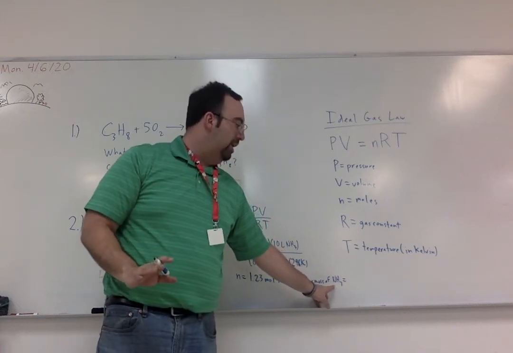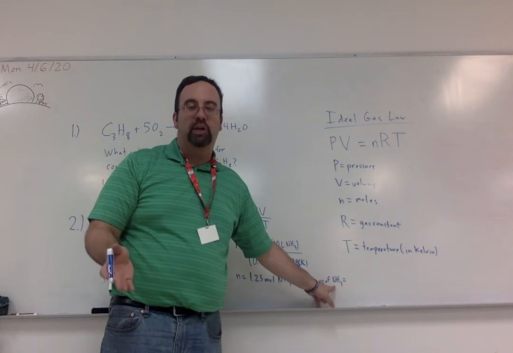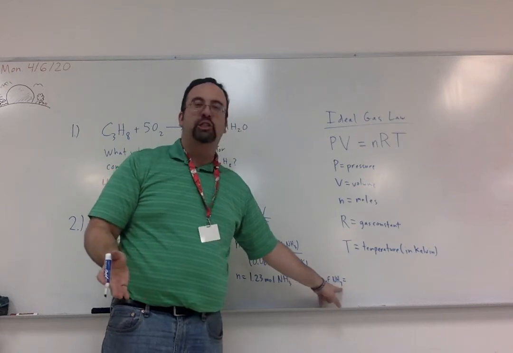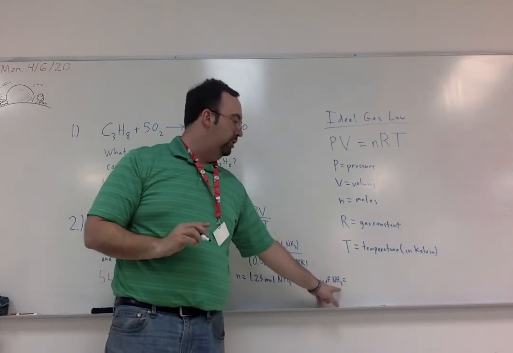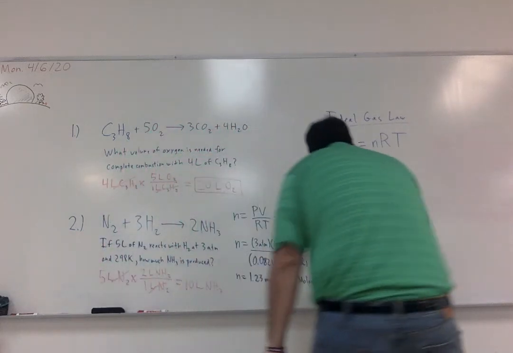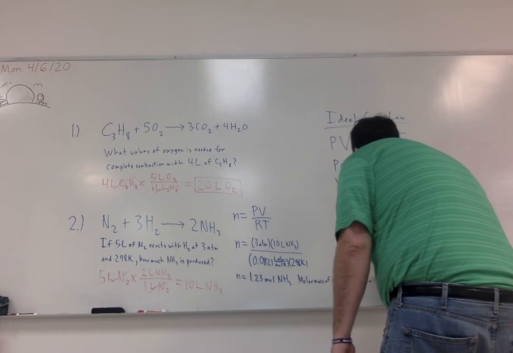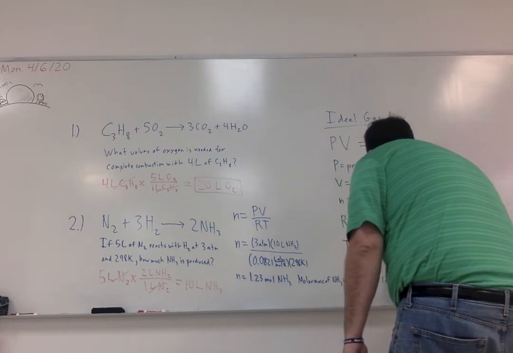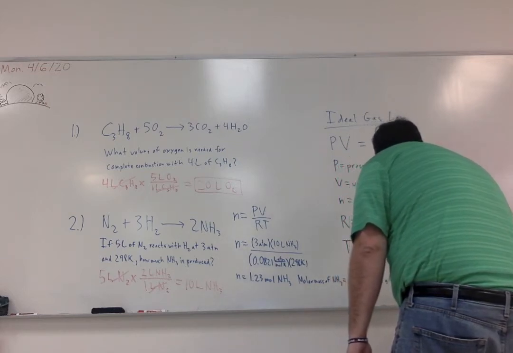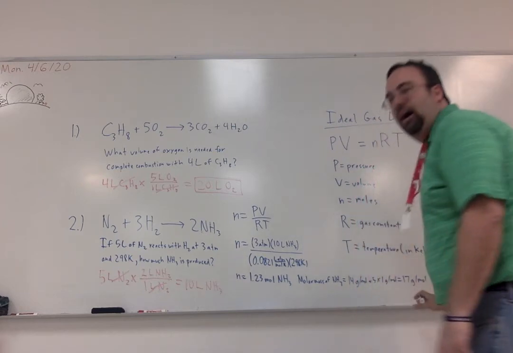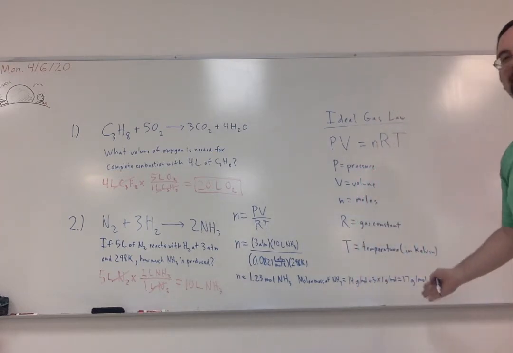And so the nitrogen is going to weigh approximately 14 grams per mole. Each hydrogen is going to weigh 1 gram per mole, but notice that we have 3 of those. And so we're going to take 14 grams per mole plus 3 times 1 gram per mole. And so you will see that the molar mass of ammonia in this case is 17 grams per mole.